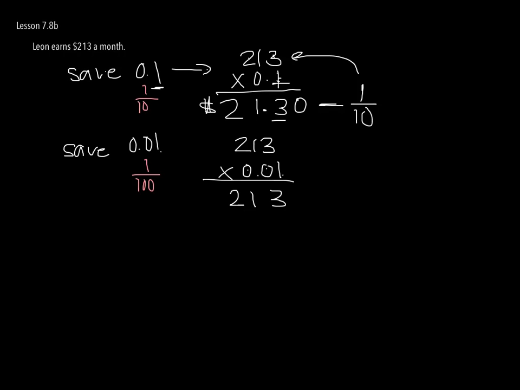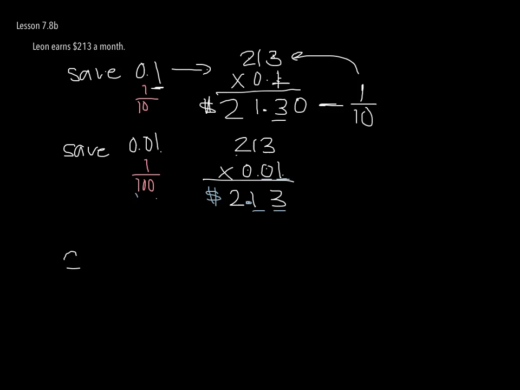Now I'm going to count how many spaces to the right of the decimal point. I've got 1, 2, so I'm going to go 1, 2, and I'm going to put my decimal point right here. So 1/100th of $213 is going to be $2.13.